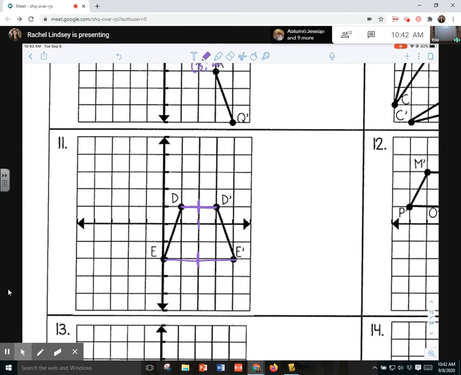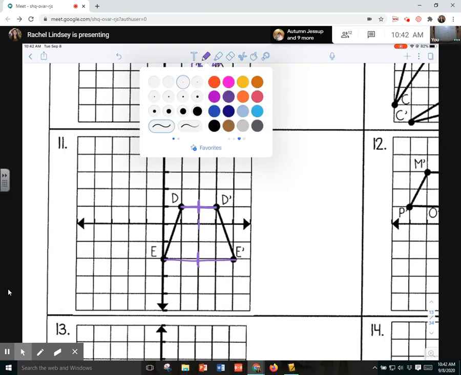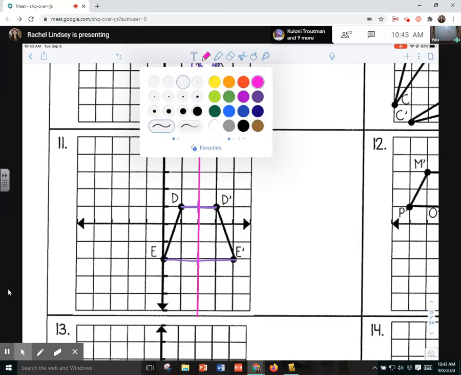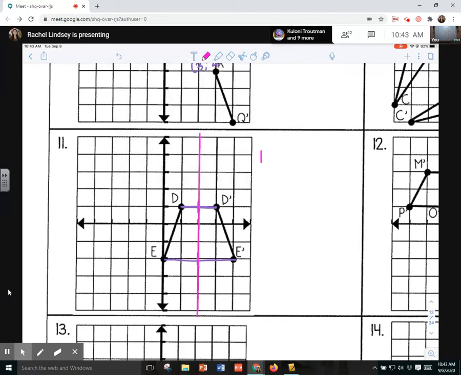So that means that this line right here is the line that I'm reflecting over. So that means that it's not the x-axis, it's not the y-axis, it's not y equals x, and it's not y equals negative x. It's no. It's reflecting over, that number where it hits, what axis is that on?